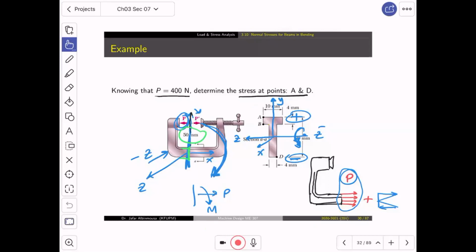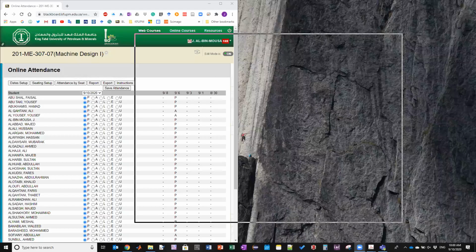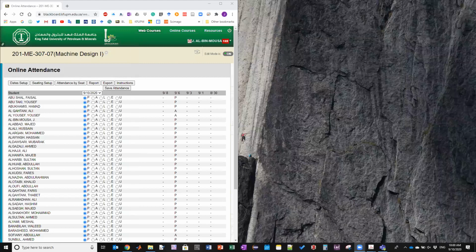I think some of you, shabab, are not aware of how to change your name or your photo. So let me share my screen to show you how you can do this. You can see my screen, right?